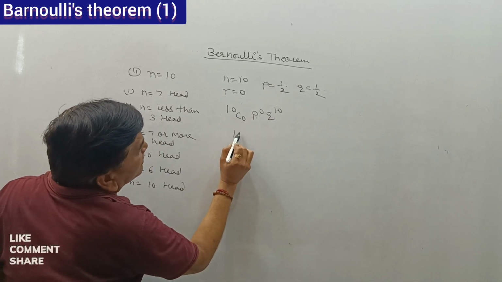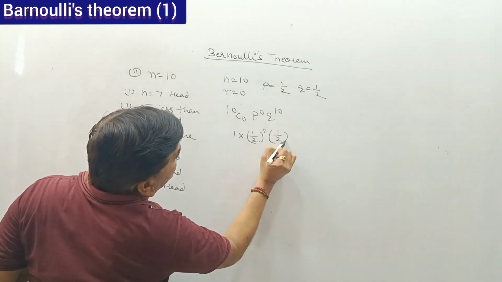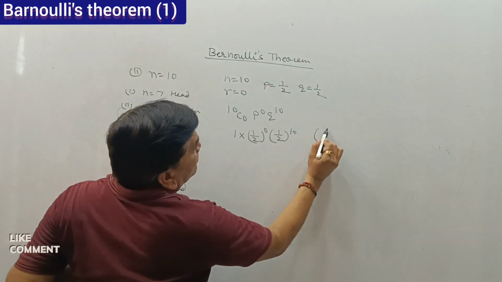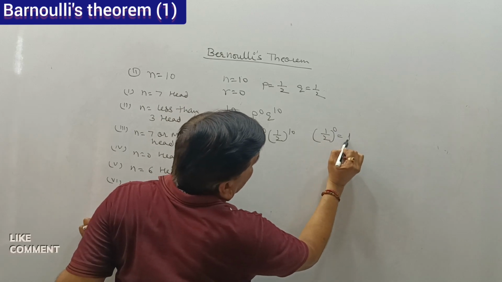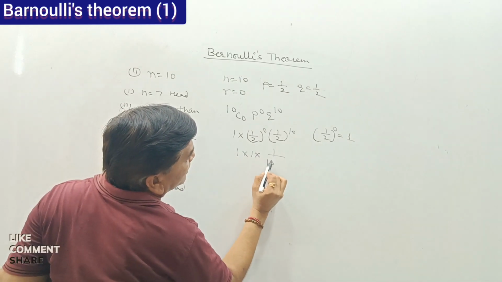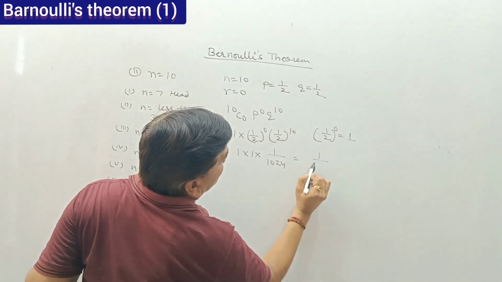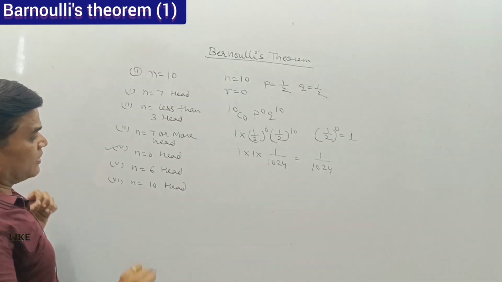So this is 1 by 2 raised to power 0 and 1 by 2 raised to power 10. Any term raised to 0 has the value 1, so 1 multiply 1 upon 1024, so the probability is 1 upon 1024. So this also we have solved.